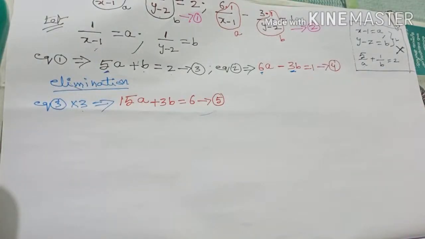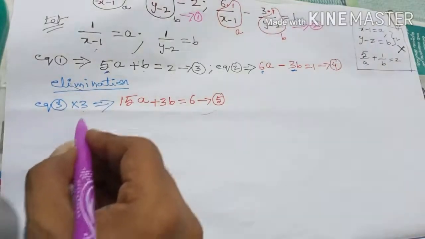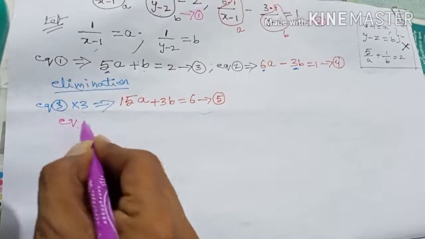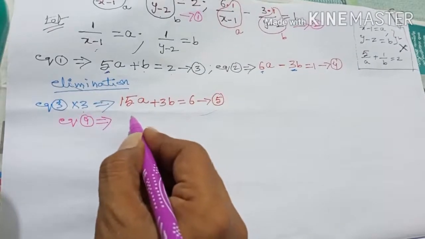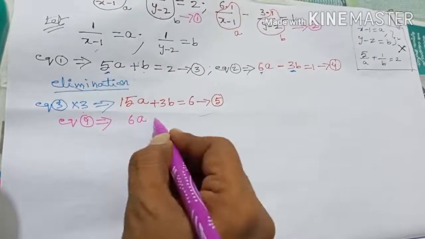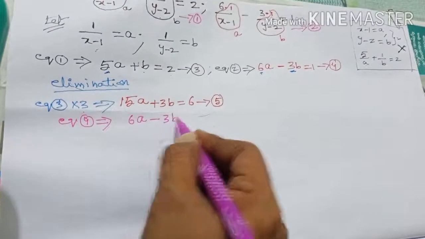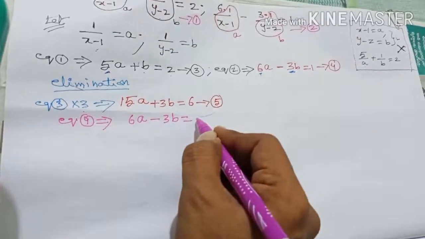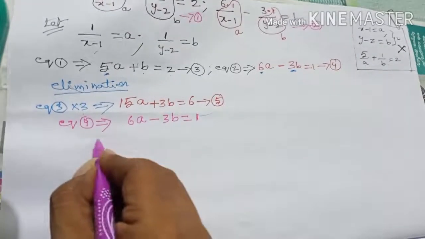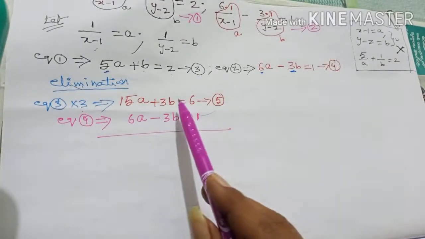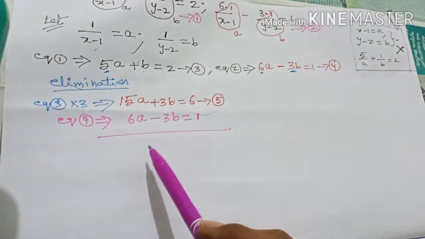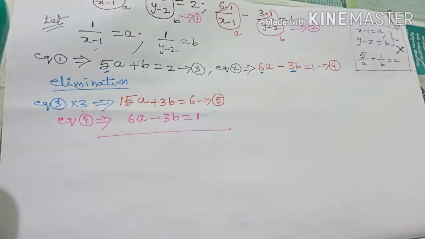Therefore, now I will write down equation 4 here. Equation 4 implies 6a minus 3b is equal to 1, isn't it? Now, you have to eliminate the terms of b, so you have to opt for either addition or subtraction.